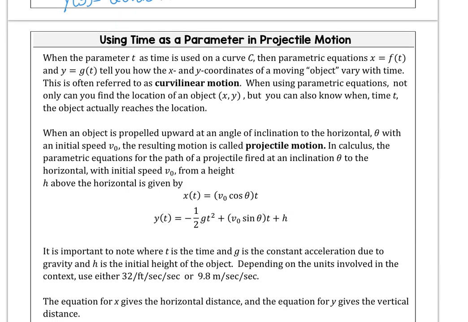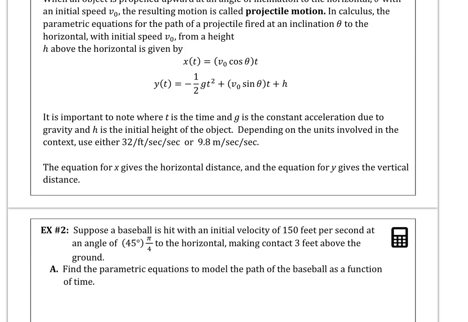Let's make a note of this. It's really important to understand that this whole paragraph here, where t is the time, g is the constant acceleration due to gravity. So we're getting into the physics world here, and h is the initial height of the object.